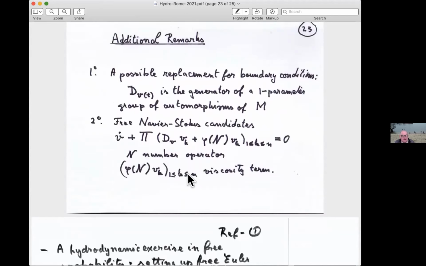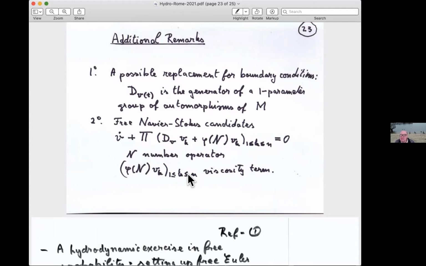One may wonder what is the replacement for boundary conditions in this situation. A natural thing would be to require that these vector fields, d_t, which define derivations, defined on a dense subalgebra of the von Neumann algebra M, extend to one-parameter groups of automorphisms.